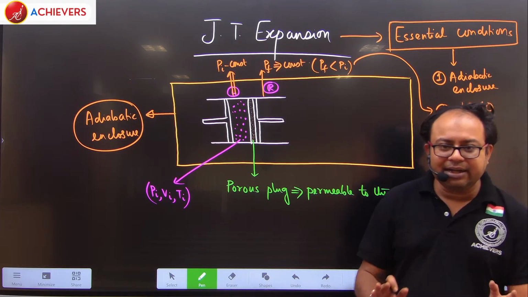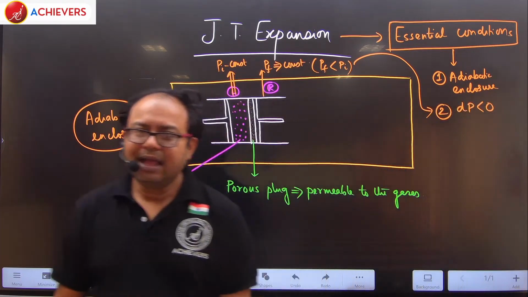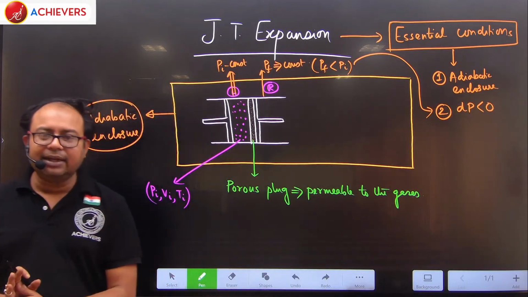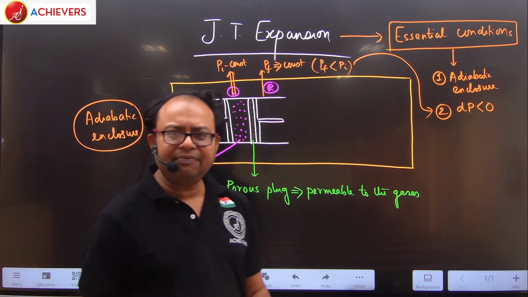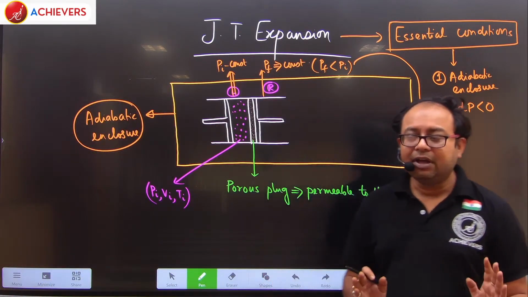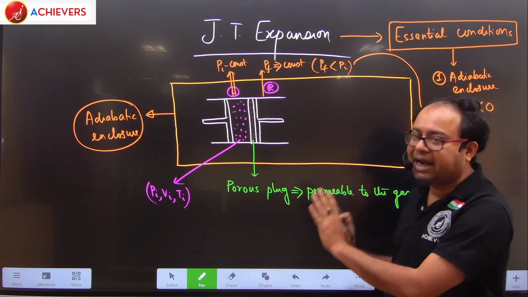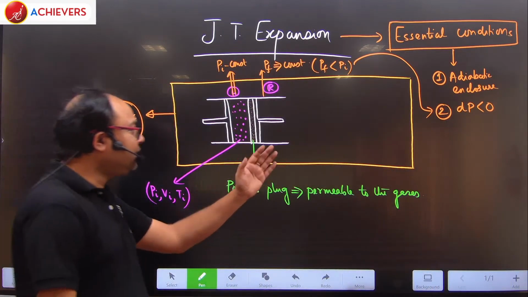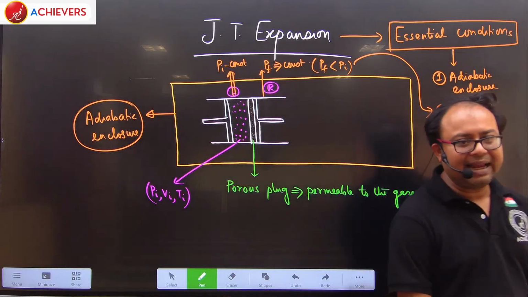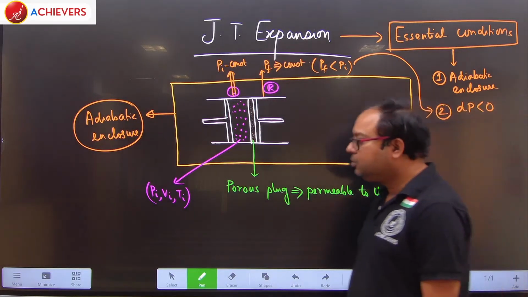That is regarded as the initial pressure. And the essential condition is Pi should essentially be greater than Pf. That makes dP negative. So this is the fundamental criteria of a Joule-Thomson process, where the change in pressure dP is said to be negative. Understood?